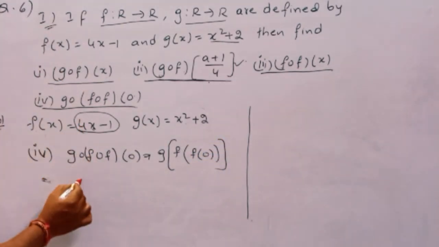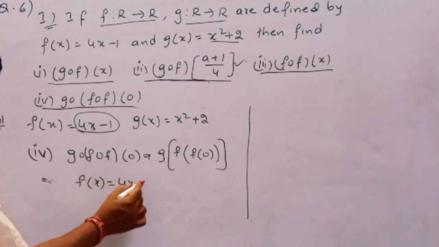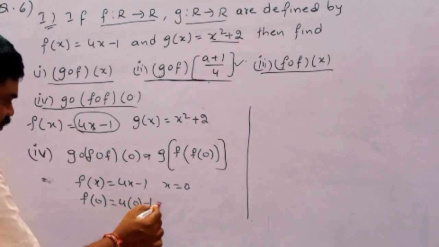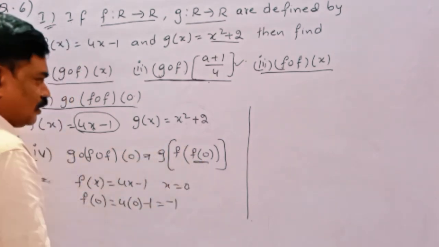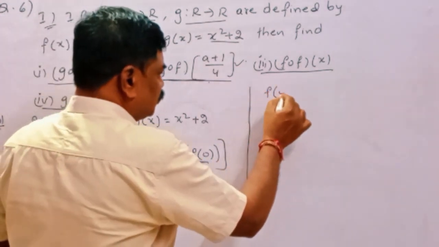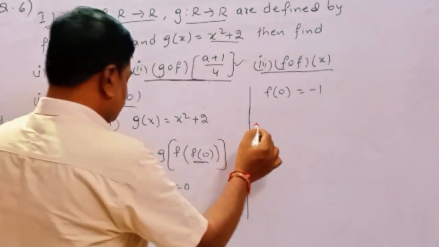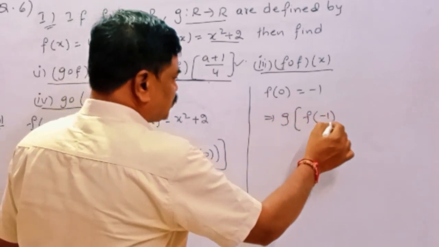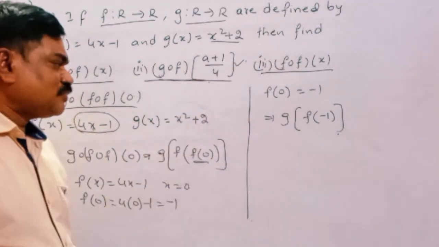Here, what is f of 0? f of x is equal to 4x minus 1. When x is equal to 0, this is 4 into 0 minus 1, which is equal to minus 1. So f of 0 value is minus 1.